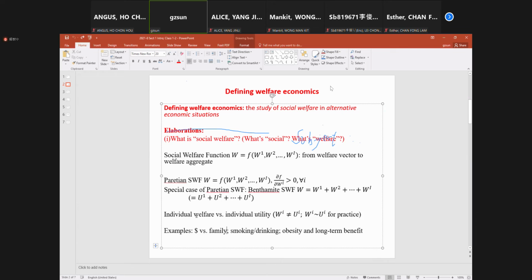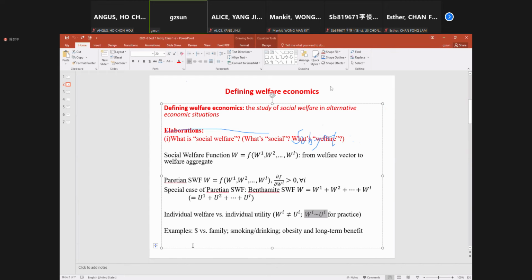So we can simply assume, okay, don't worry too much about it. Let's simply assume welfare equals utility at the individual level. And for our course, that's enough.